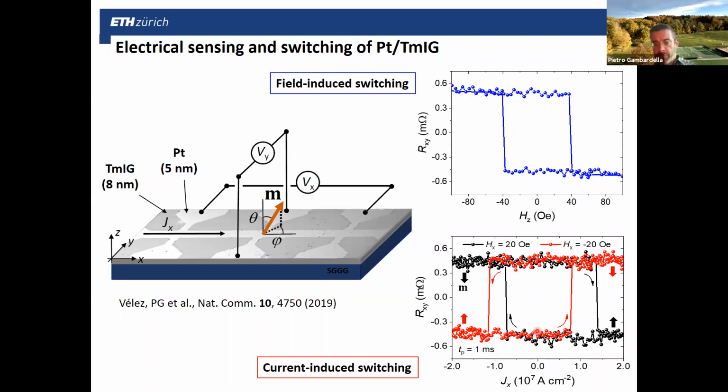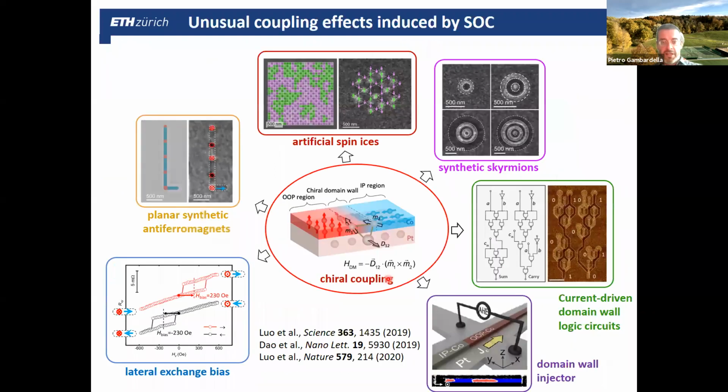Okay, so I've come more or less to the end of the talk. I'll just show this last slide before concluding, just to mention that spin-orbit coupling is not only very useful to achieve charge-spin conversion, but also to engineer different and unusual types of couplings in magnetic films and small structures.